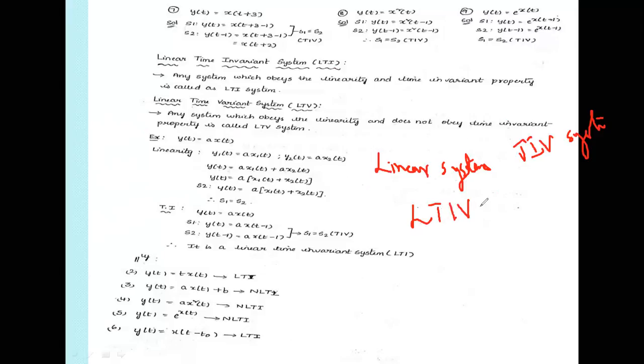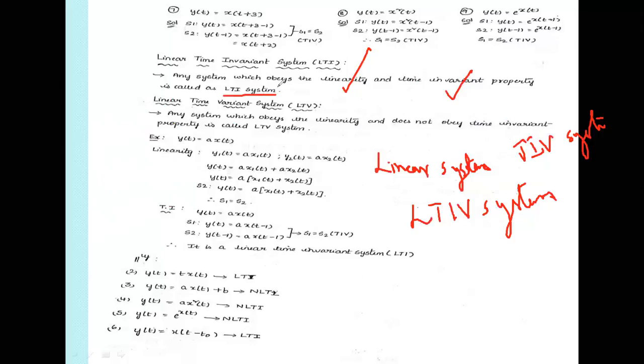Individually we learned the linear system and the time invariant system. Combine these two, and you can call it a linear time invariant system. Linear time invariant system means any system which obeys the linearity property and the time invariant property.